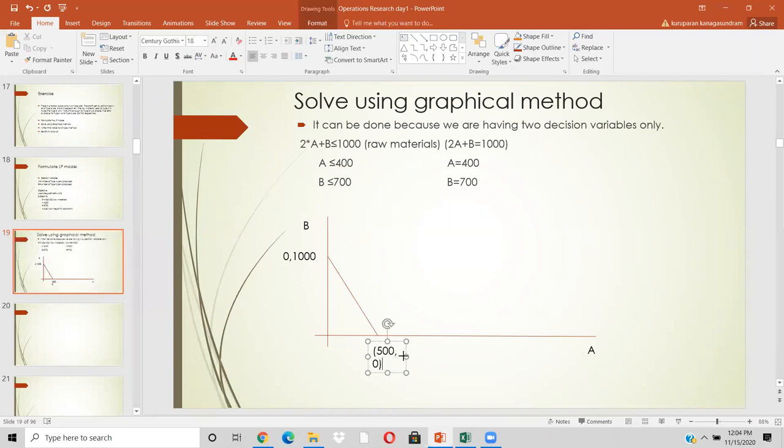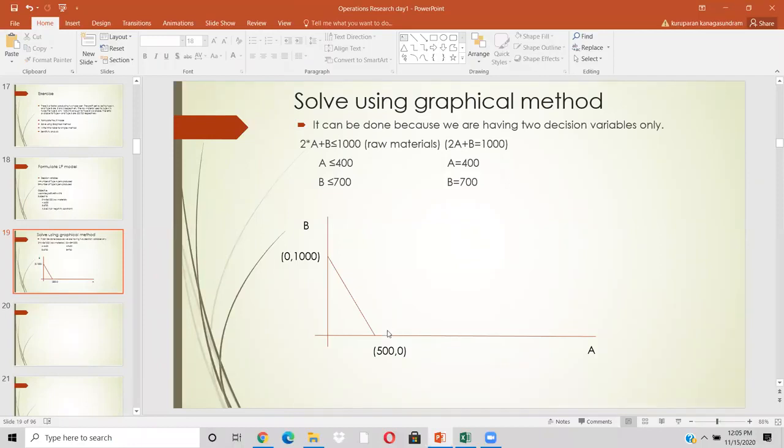Okay guys, can you understand now, or do I need to repeat it again? We'll see now how to understand which region should be feasible.